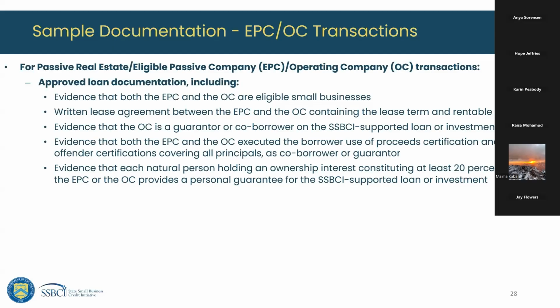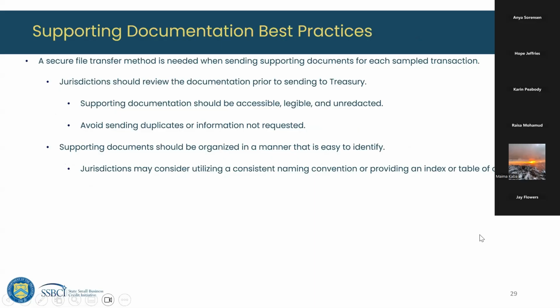As I mentioned, the written lease agreement, and I have here a note about where you can look in our capital policy guidelines for more information. It's section 7F. And now we can go to the next slide for some sample best practices.